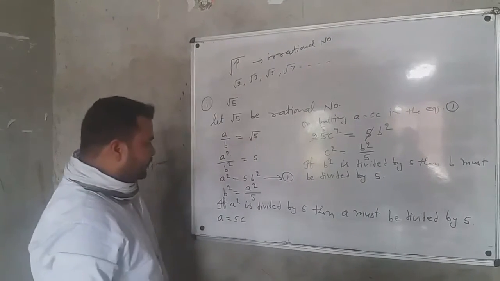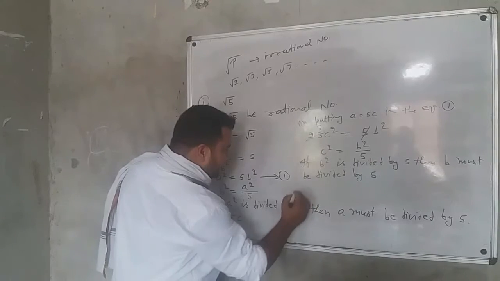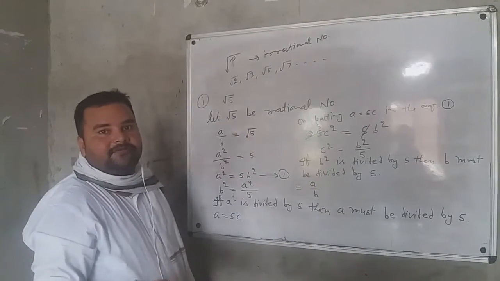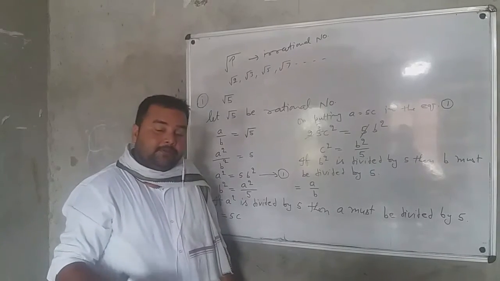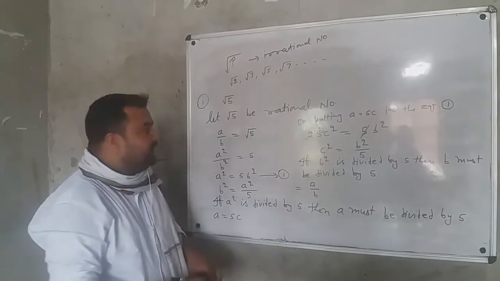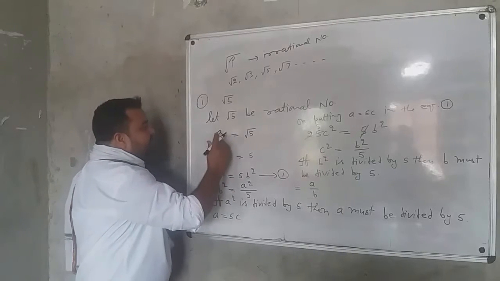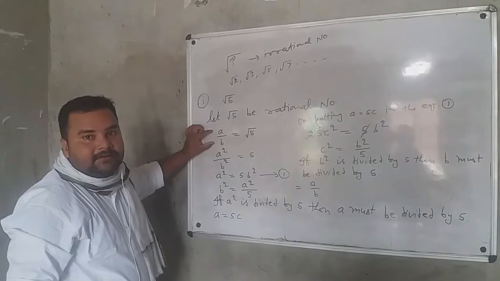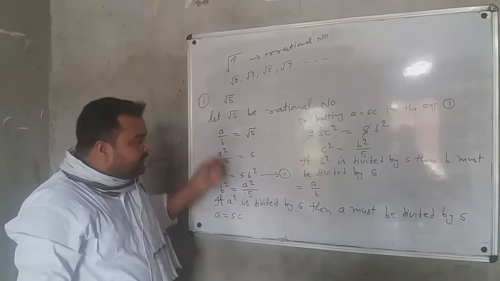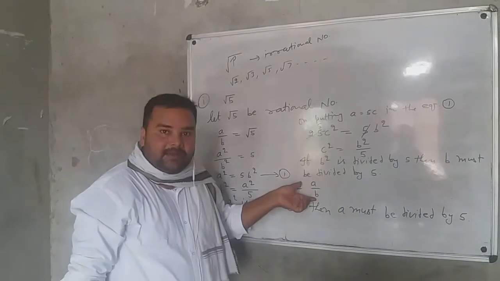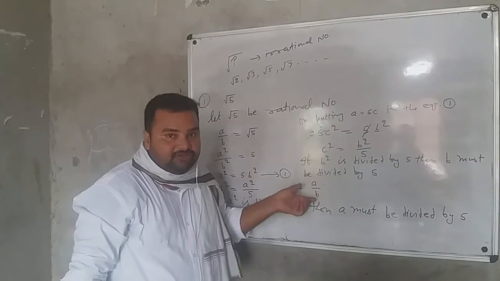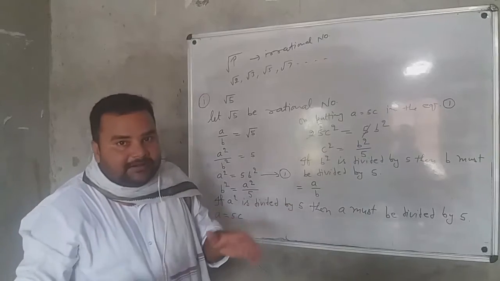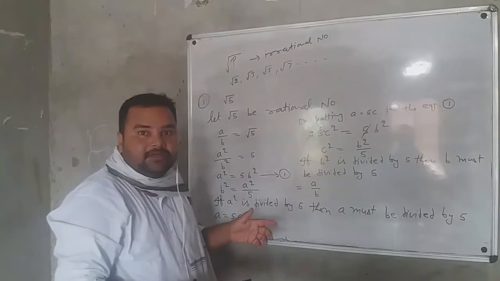Now better look here. a and b both have common factor 5, but it contradicts the fact we assumed here. a and b are co-primes, means they have 1 as common factor, but the conclusion says a and b have 5 as common factor. This is a contradiction. This is contrary to what I assumed in the beginning.